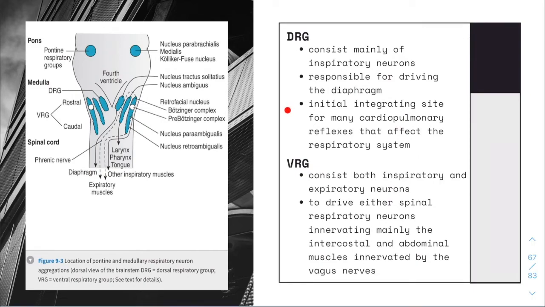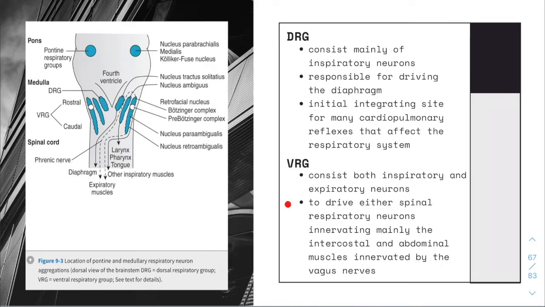They are also responsible for integrating the different cardiopulmonary reflexes that affect your respiratory system. Your VRG consists of both inspiratory and expiratory neurons.